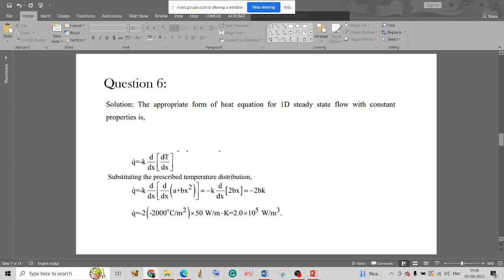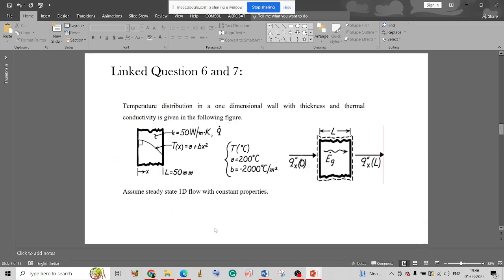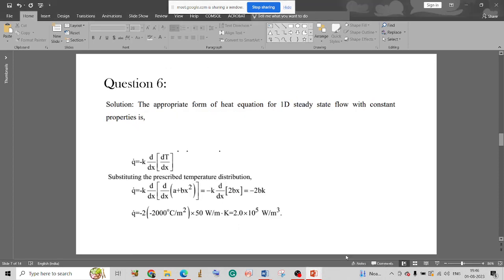So now T is already given in the question. It's given as a plus bx square, right? So we'll just put it there. So it will be 2bx, and d/dx of 2bx will be only 2b, so minus 2bk, and b is already given as minus 2000 degrees Celsius per meter square.